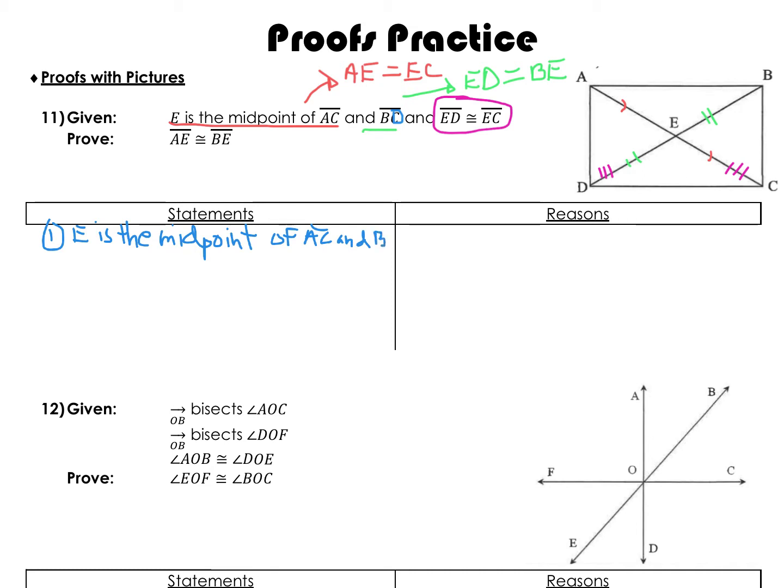So remember we changed that because it was written wrong. And then I'm also going to put that extra little tidbit, and they also gave us in the given that line segment ED was congruent to line segment EC. So that's our given.